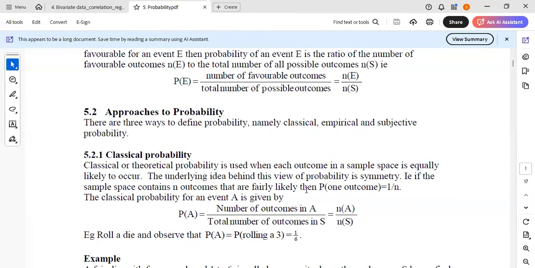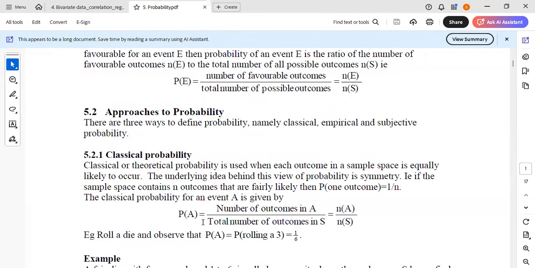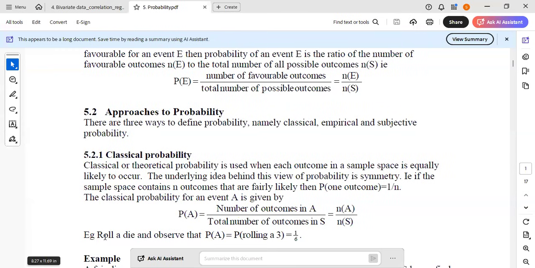So if you have a sample space S and then you have an event A, the probability of A will be the number of outcomes in A divided by the total number of outcomes in S. For example, if you roll a die and observe that probability A is the probability of rolling a 3.